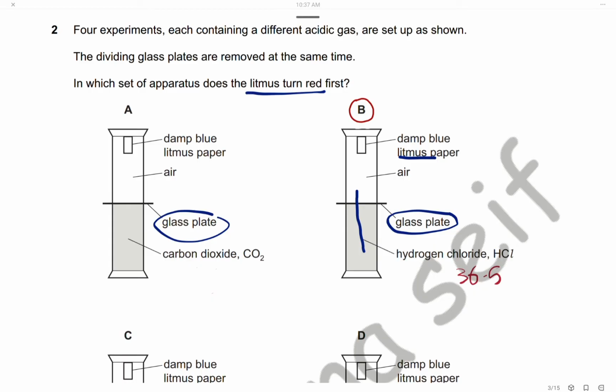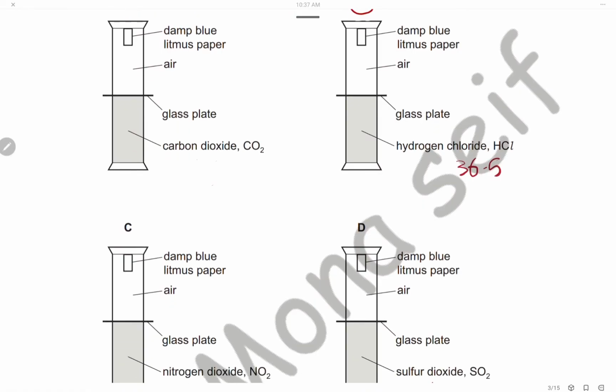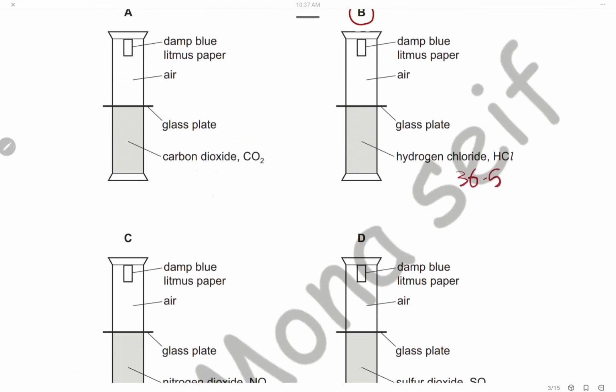So the gas that has the lowest molecular mass will have the fastest rate of diffusion. Here we have the molecular mass for hydrogen chloride is 36.5, for sulfur dioxide 64, for nitrogen dioxide 46, and for carbon dioxide 44. So the gas that has the lowest molecular mass is hydrogen chloride, and the answer will be B.